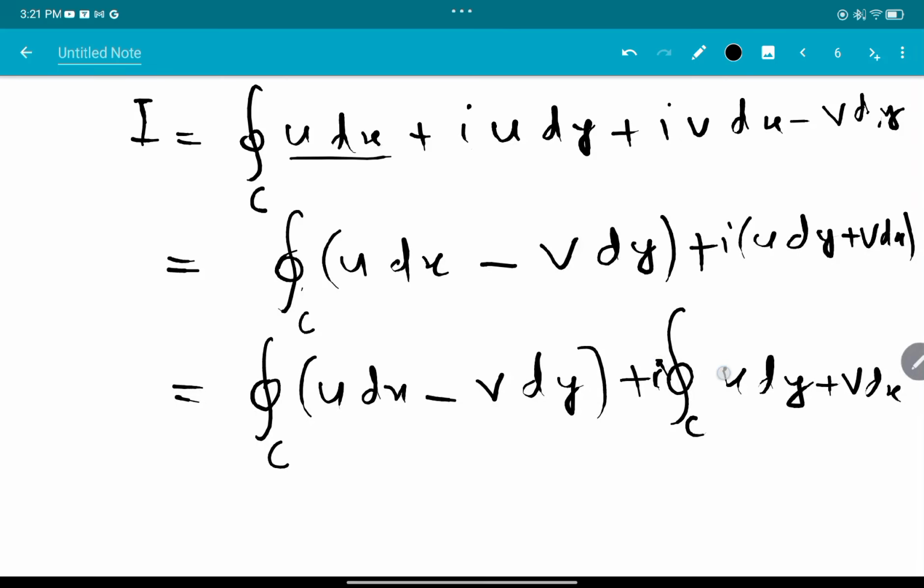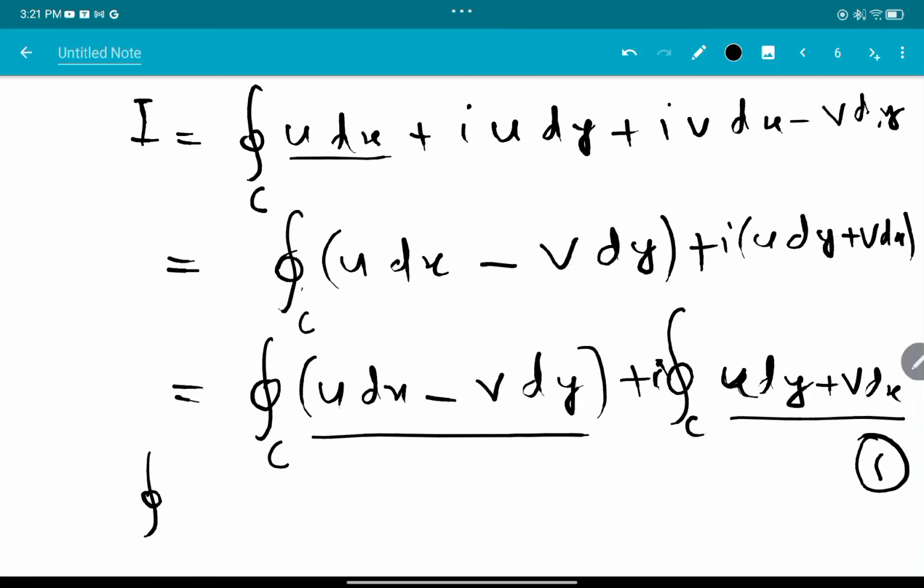Now I will be using Green's theorem here for this and for this. Let us write equation number 1 for this. We have Green's theorem: the line integral, the loop integral of p dx plus q dy, equals, according to Green's theorem, something that I have actually taught in my last lecture.